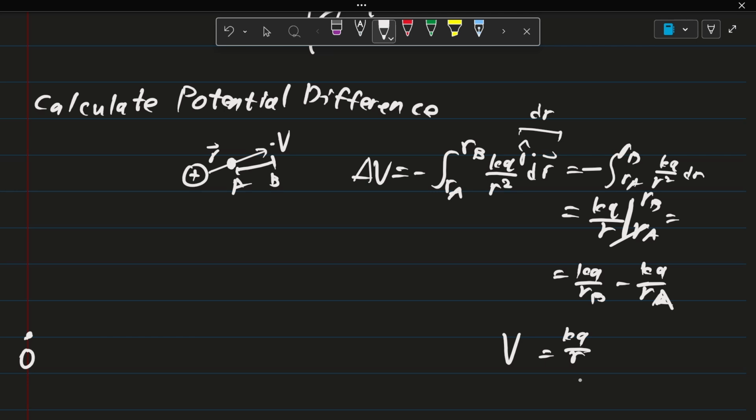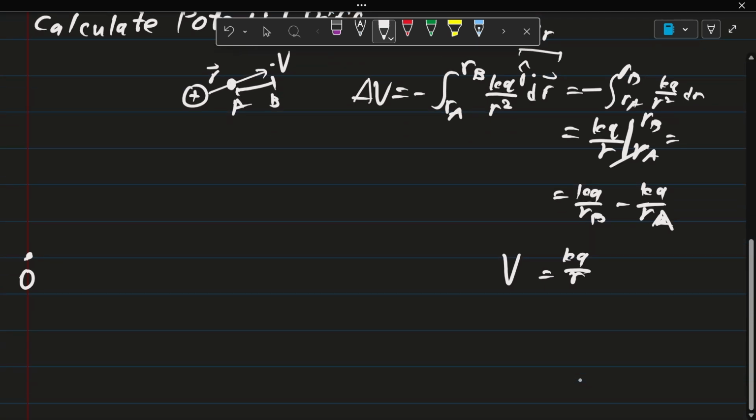So we have already discussed this potential difference or the potential itself. So what if I give you a certain system which has all of these particles with different charges? The idea of voltage is that it also obeys the superposition principle, because it is derived from the electric field, which is also governed by the superposition principle.